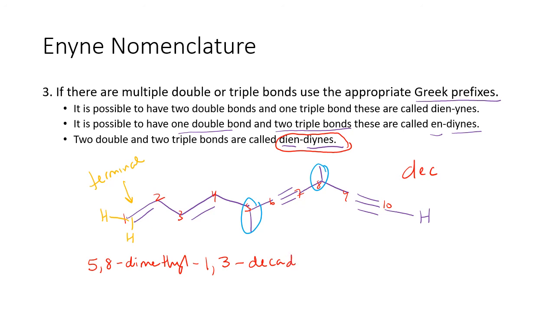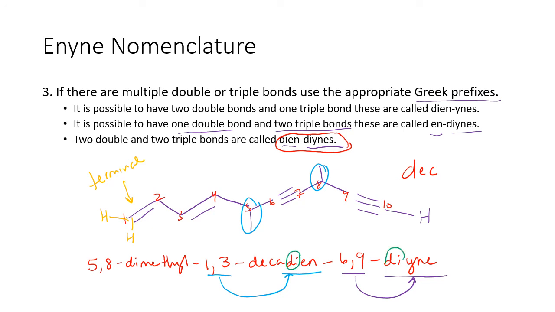So deca-di-en, remember the 1,3 matches the di-en there. And then hyphen, where are the positions of our triple bonds in this one? They are at 6 and 9 in this molecule. So 6,9, and then we're going to have di-yne. So 6 and 9 are where those triple bonds live, those alkynes. And so in this case, we have di-en and di-yne.